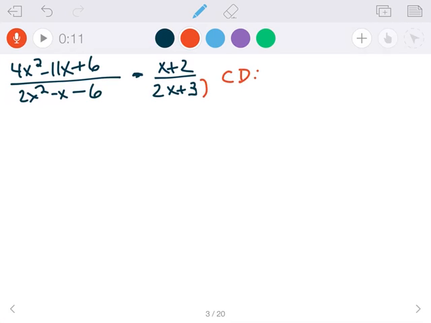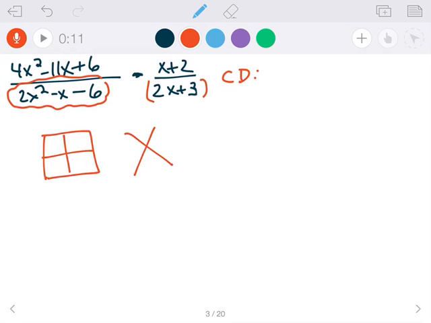So we already have factors here, 2x plus 3. We need to get this expression into factored form. So I'm going to do the box and diamond here quickly to figure this out. So 2x squared, actually I'm going to make this bigger so that I have enough space.